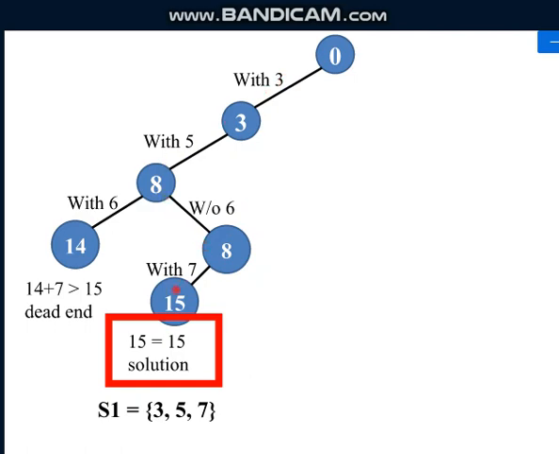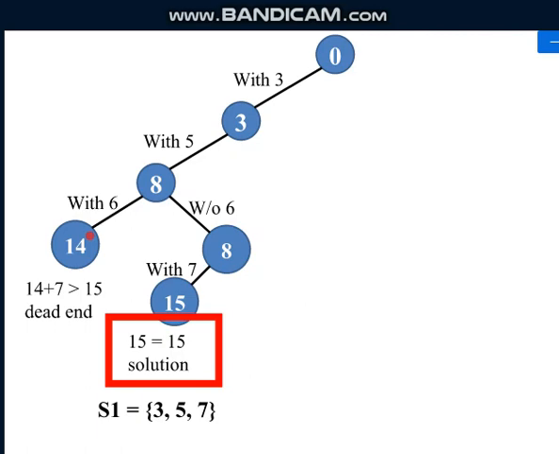When you are constructing the tree, you make sure either the left one is considering the element and the right one not considering the element, or the right one considering the element and the left one not. Here, all the left edges indicate that you are considering those elements for the solution set. With 3, you are considering 3; with 5, you are considering 5; with 6, you are considering 6.